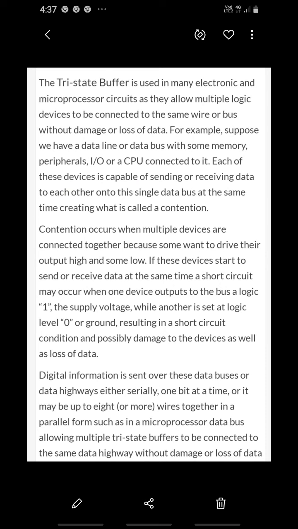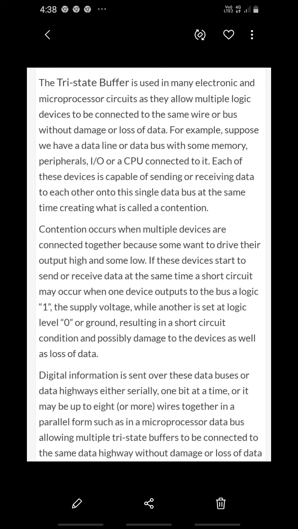Each of these devices is capable of sending or receiving data to each other on this single data bus at the same time, creating what is called contention. Contention occurs when multiple devices are connected together because some want to drive their output high and some low.